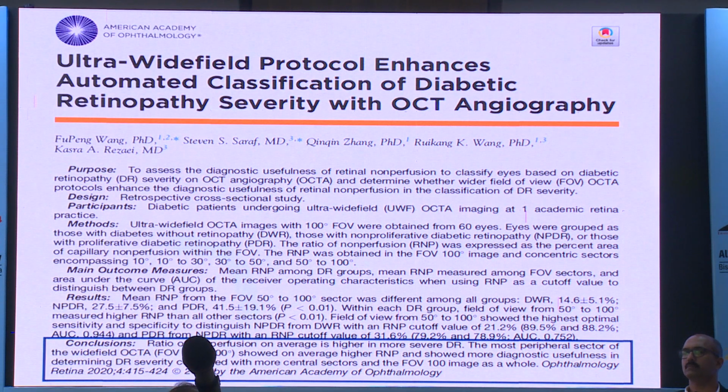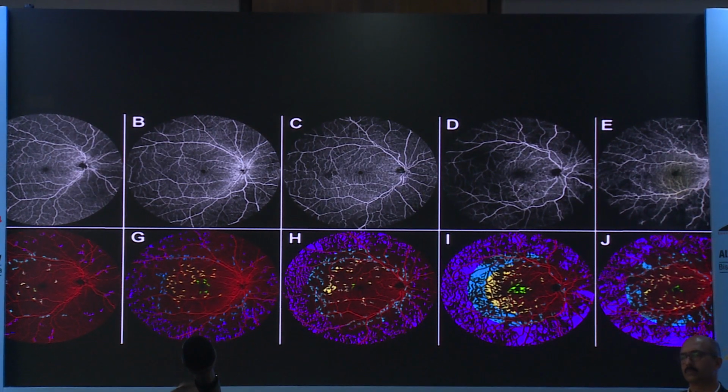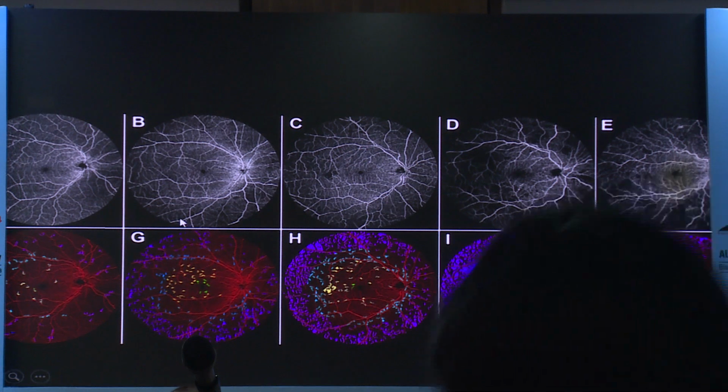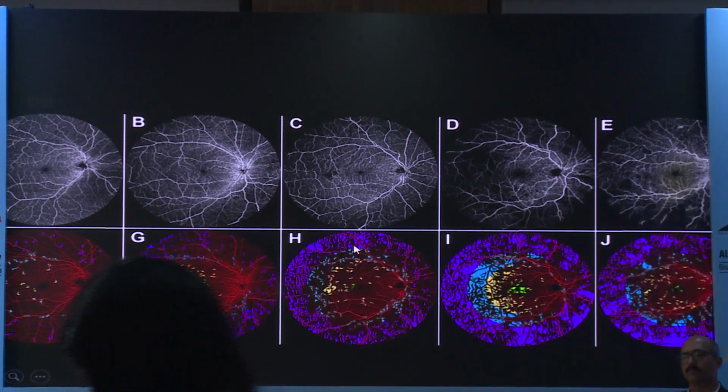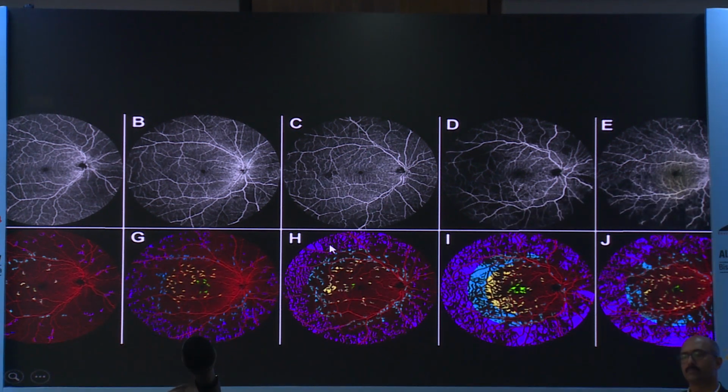So now I've just shown you beautiful pictures, but what about quantifying it? There was a study from the US, from Washington University, which showed that the ultra-wide field protocol enhances automated classification of DR severity with OCTA. So this is what I think Dr. Shane also mentioned. Maybe in these patients we don't do anything actively, but you can see this purple color shows the CNP areas, which by ImageJ they've just quantified.